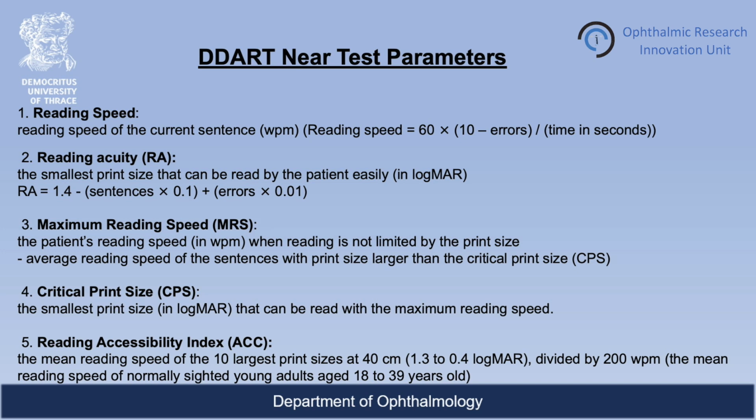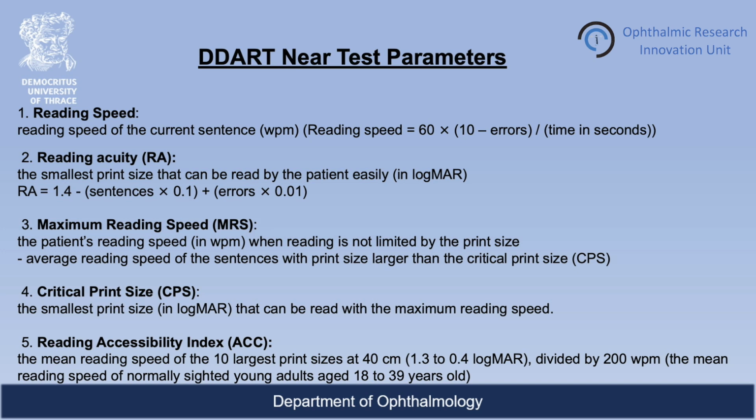Maximum reading speed is defined as the patient's reading speed when reading is not limited by the print size. It is calculated by averaging the reading speed of the sentences with a print size larger than the critical print size. Another reading parameter of DART is the critical print size, which is defined as the smallest print size that can be read with the maximum reading speed.